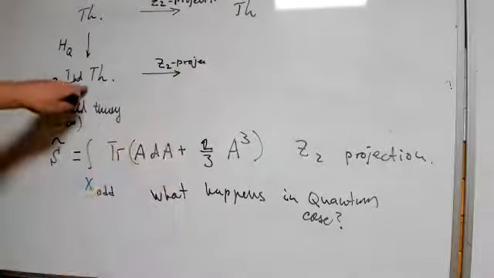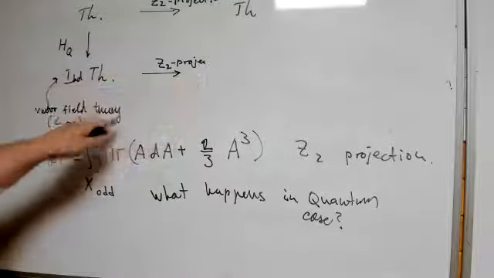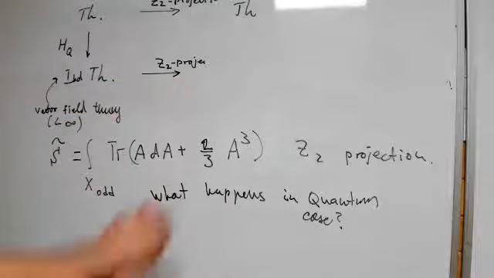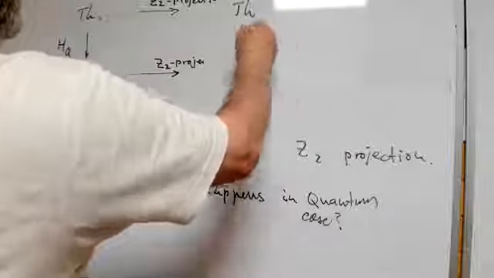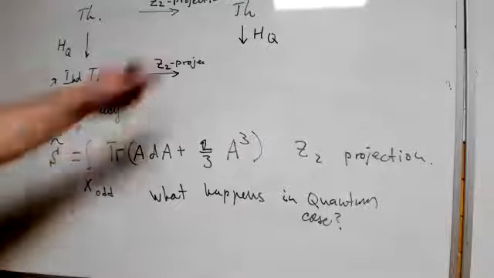So we can have Z2 projection here. It's possible to go to cohomologies of Q here.